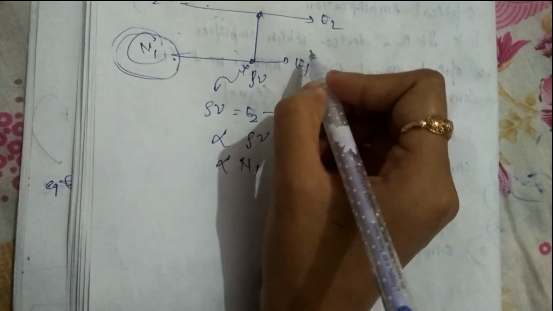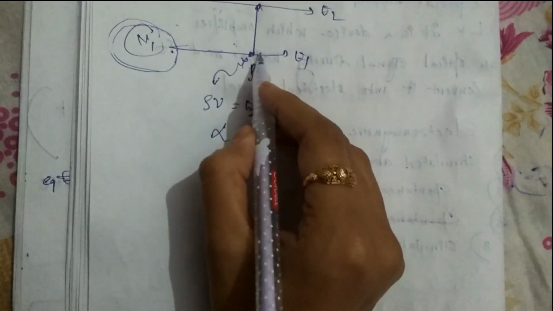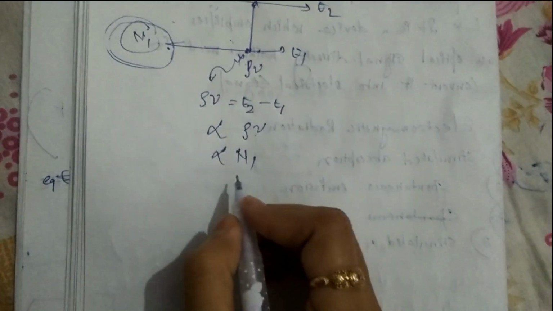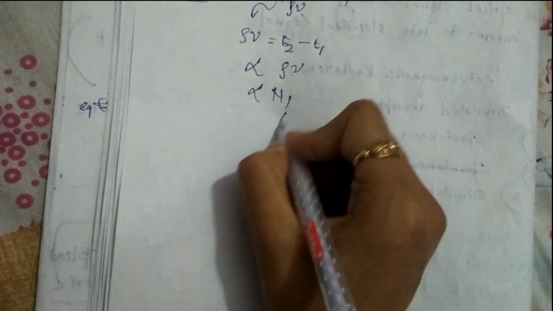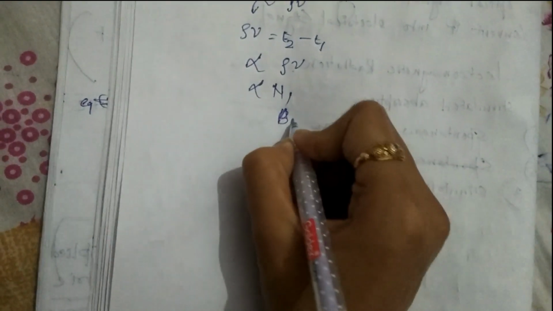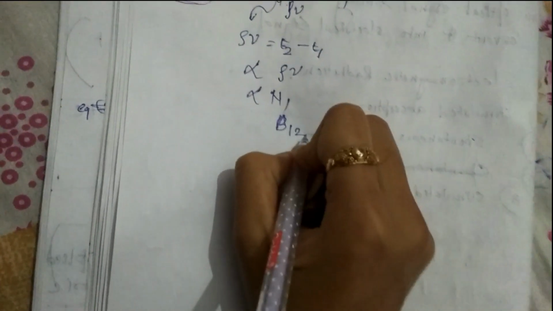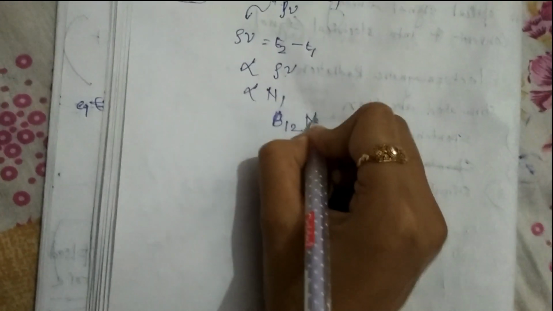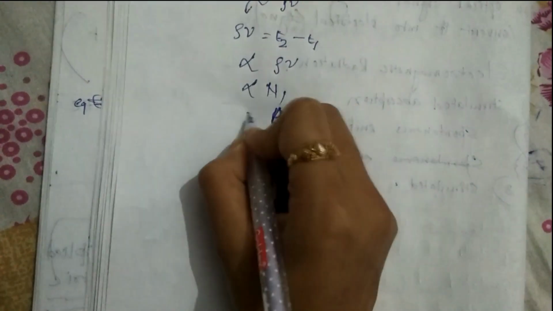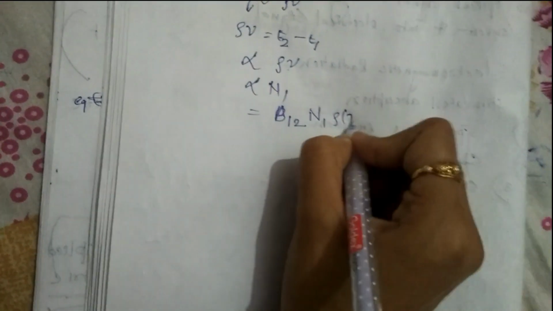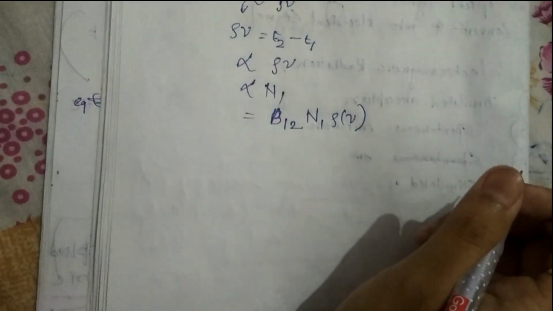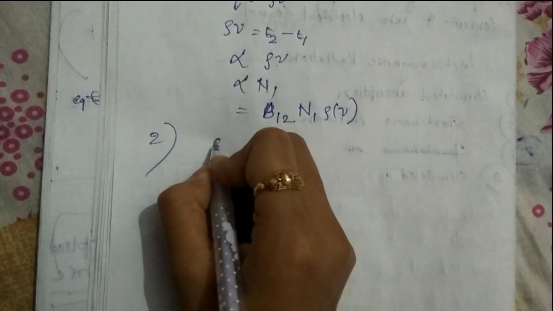Since there is a transition from level 1 to 2, instead of writing the proportionality constant, we will write it as B12. So the transition from 1 to 2 depends on the number of electrons in the N1 level and the energy rho nu.